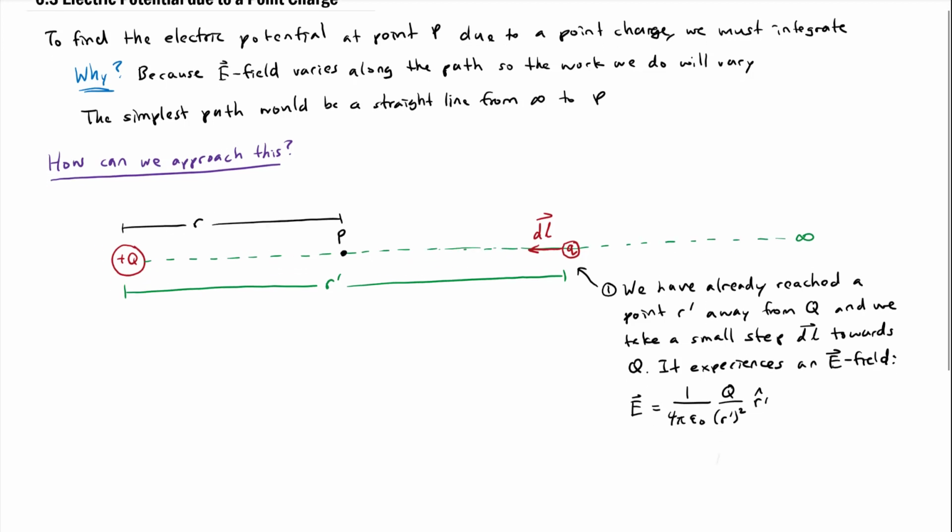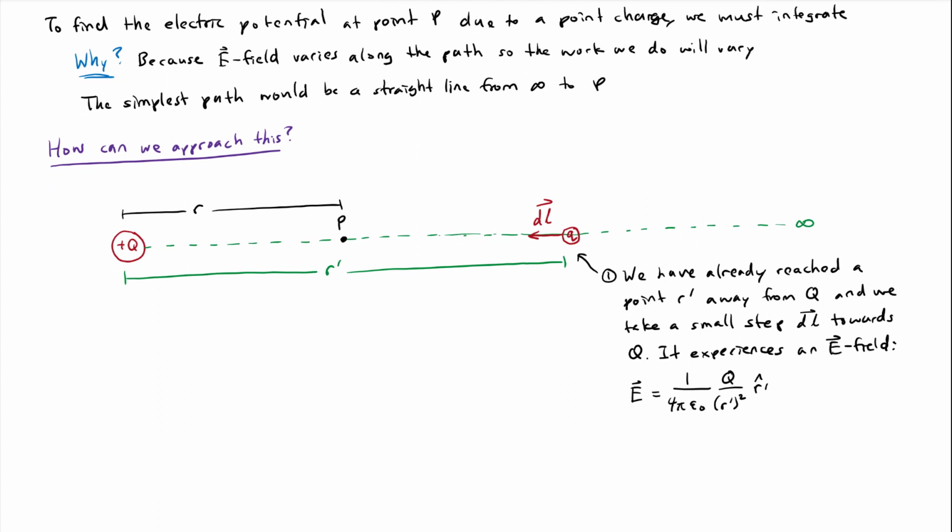Okay, so after that, we know that the differential potential is going to be equal to E dotted with dl.